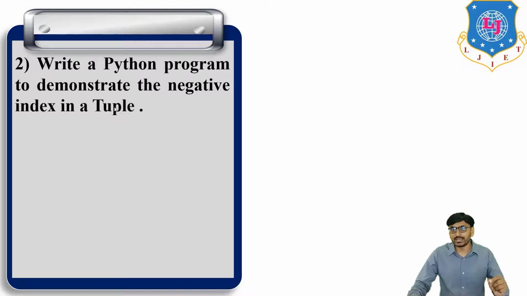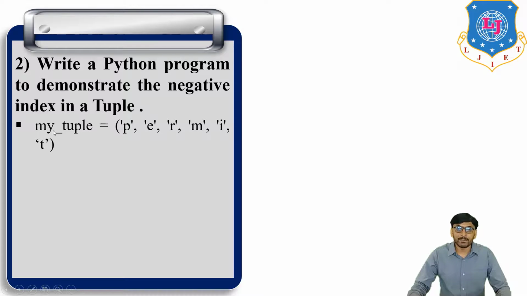So remember one thing: a positive index always starts from 0, but a negative index always starts from -1. It means the last element has index -1. Okay.